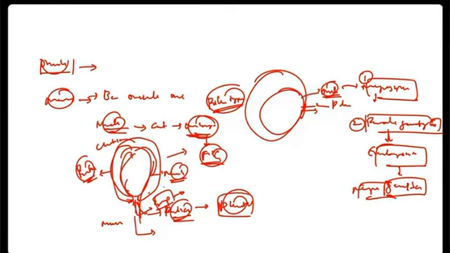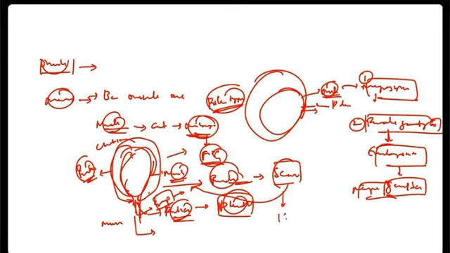Once after maturation, this particular funicle will detach itself. And what is the scar that is formed in the region where the detachment has taken place? What do you call that scar? It is called hilum. I hope all these things are clear to you.